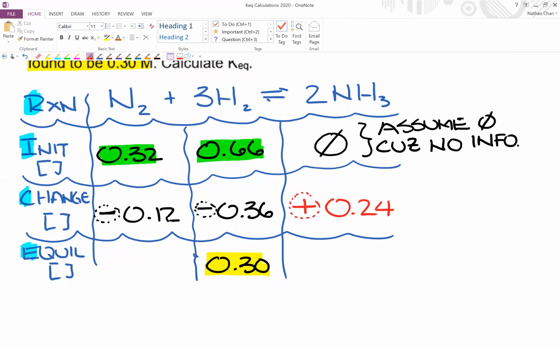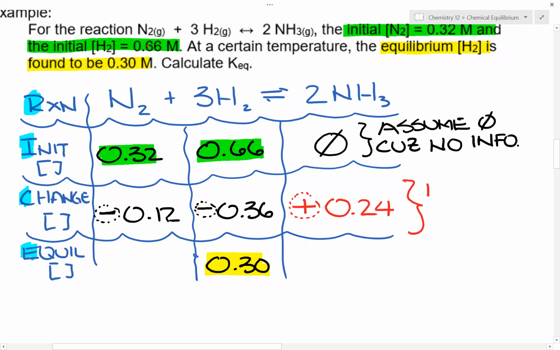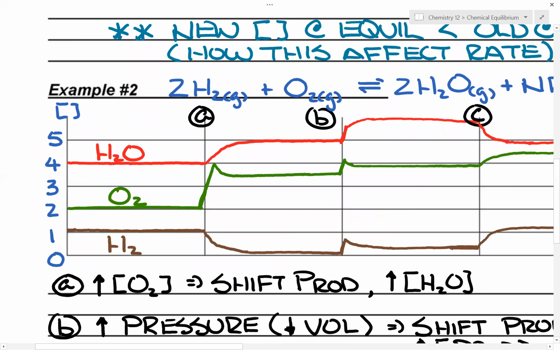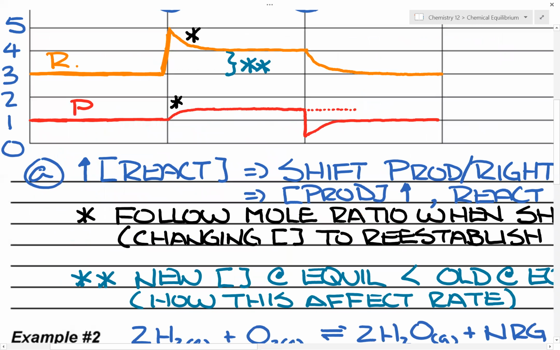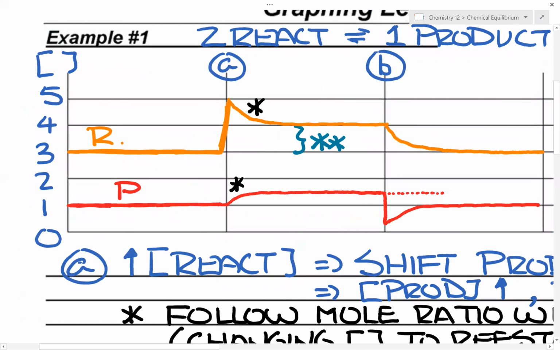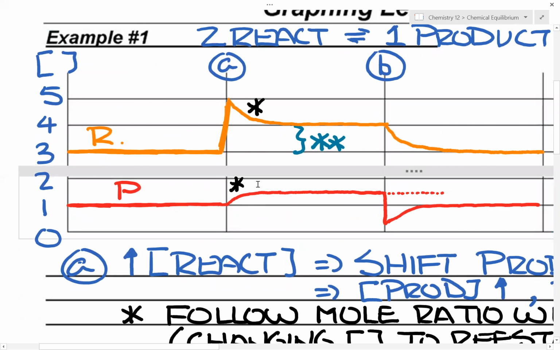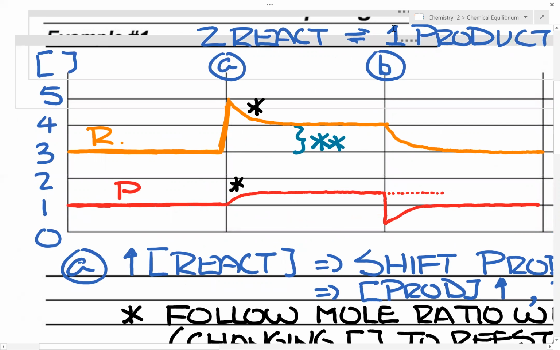It is because what you have is the mole ratio. Remember, it goes back to graphing. Okay, remember the changes have to follow the mole ratio. Going back here, the reactants went down by 1 block. This one went up by half a block because of the mole ratio.